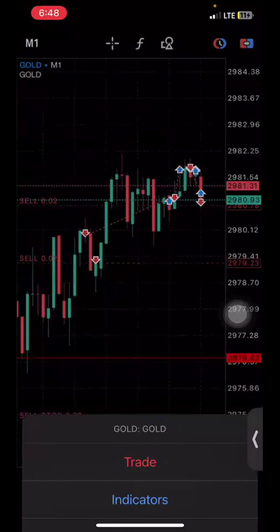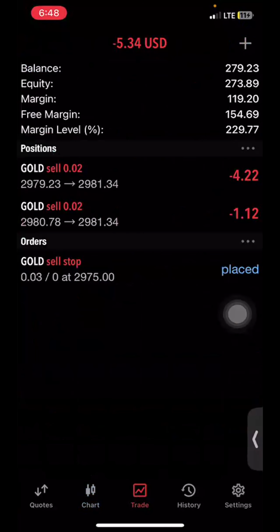Okay, so now I closed one before. I just recently entered this one. It was the remaining one. But let's say you just have one position running with 0.02. And I said close partial and leave a runner. Close one zone and leave one zone running.